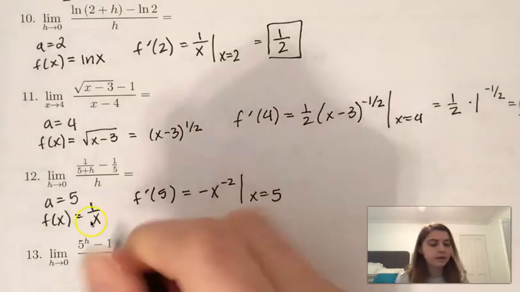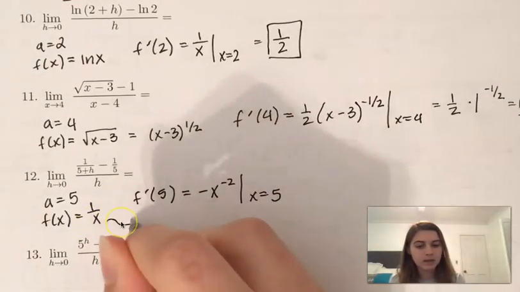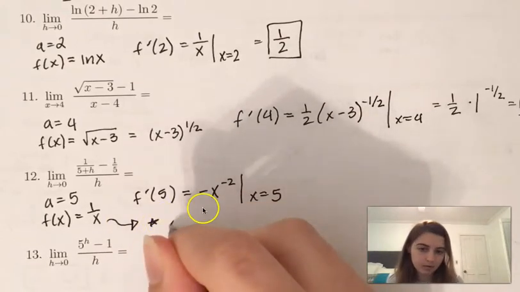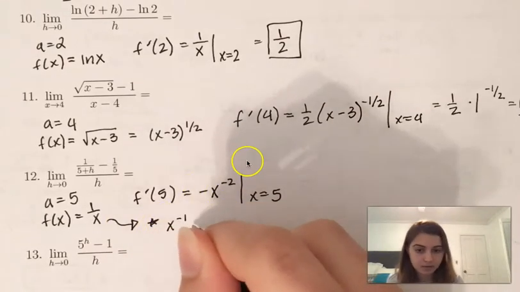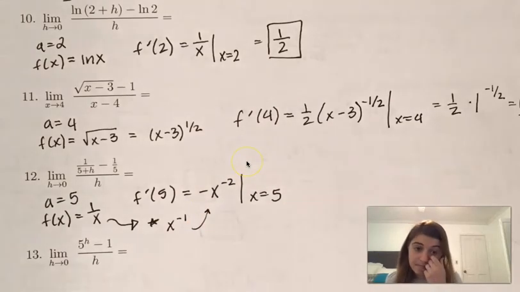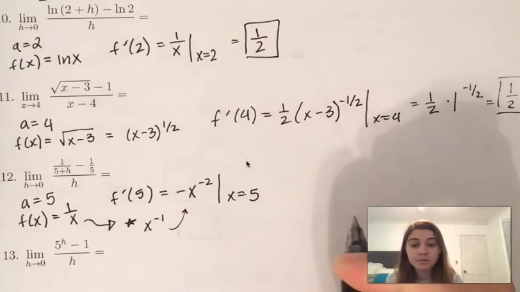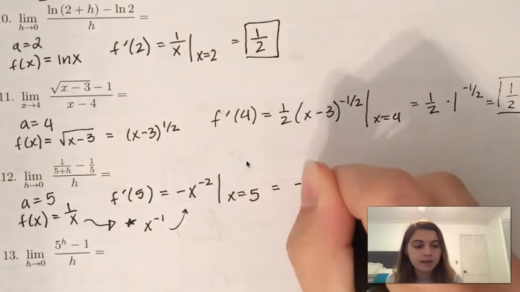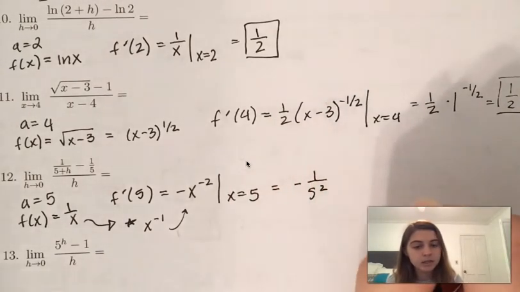Remember that 1 over x is the same as x to the -1. And then if you do the power rule, that's how we got this as the derivative. Then you just plug in your 5. You get -1 over 5 squared equals -1/25.